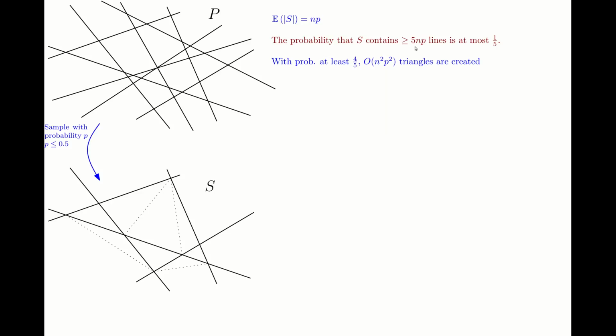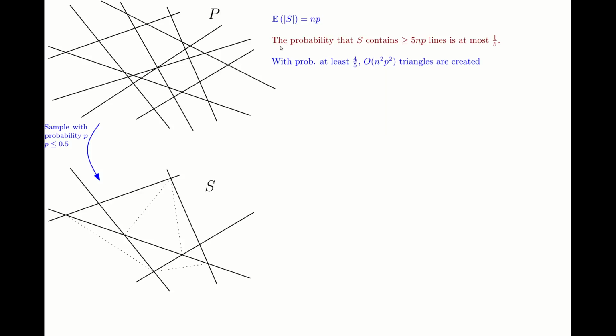You can think of it this way. np is the average number of lines that we'll see in S. So if S contained more than 5 times np lines with probability more than 1/5, then it would follow that the average number of lines in S should be more than n times p, which is a contradiction. Therefore, this probability is at most 1/5.